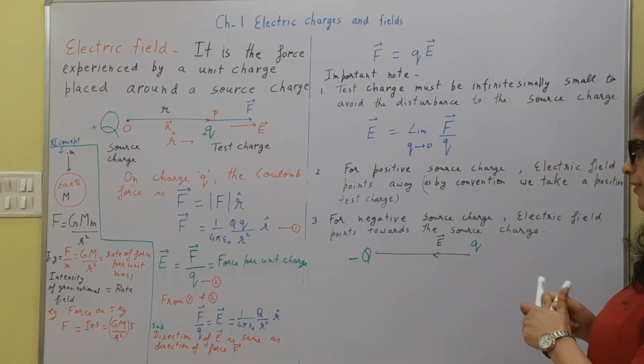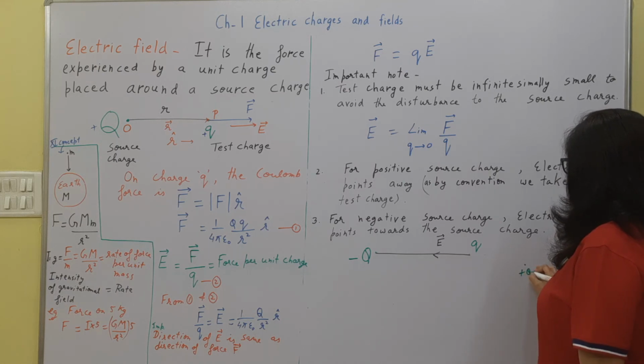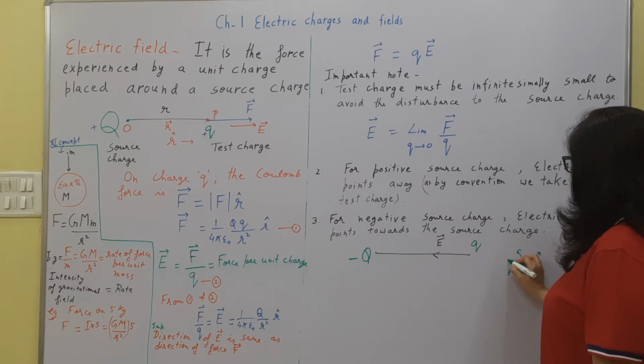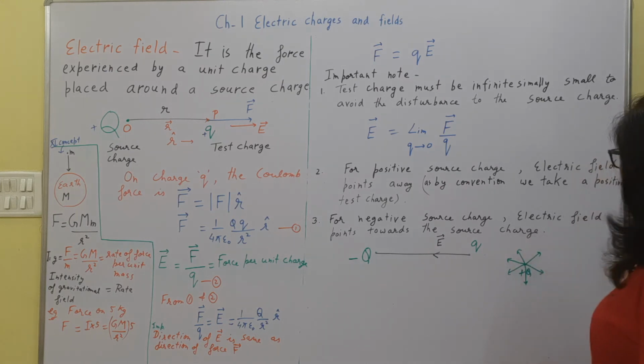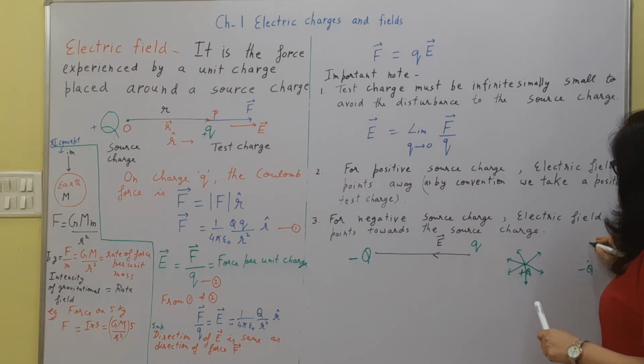So in other form, if I want to draw the NCERT diagram, if we have a positive test charge, then the electric field points away, and if I have minus test charge, then the electric field points towards.